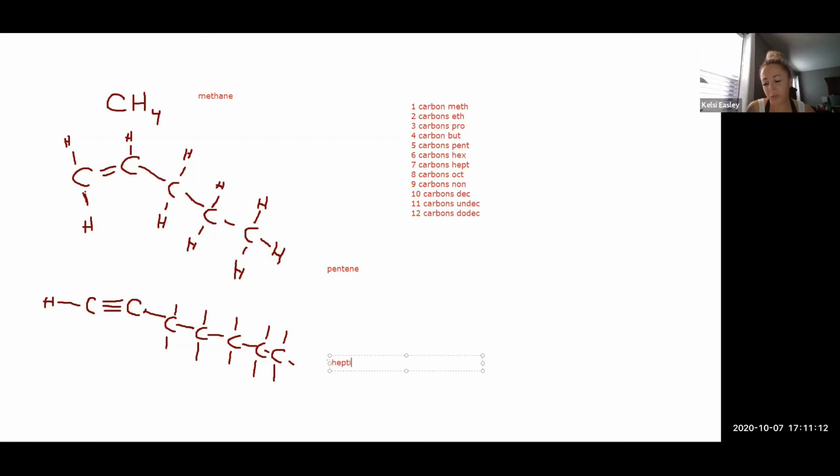What if it has a triple and a double? Ah, that is what we're going to get into today. It's called priority. So a double bond has priority over a single bond, which we see here. That's why we put an ene.